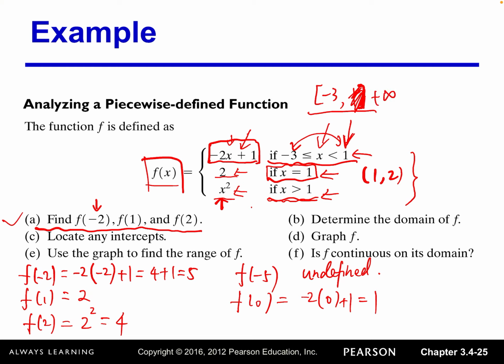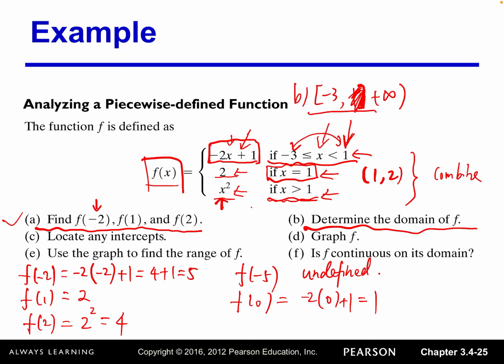So that will go to positive infinity, and infinity always gets a parenthesis. So the overall function domain is from -3 to positive infinity. You just need to combine all three subdomains into the overall domain of the function. That's part B.